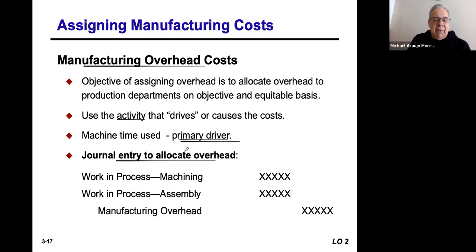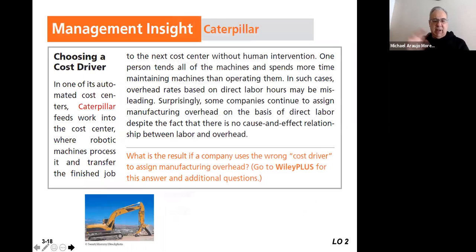Here we have the same type of thing. We need to allocate a certain amount of the overhead to the machining department, a certain amount to the assembly department, and of course we will credit our manufacturing overhead because that is being distributed here. So that's that first piece that you already kind of know about.